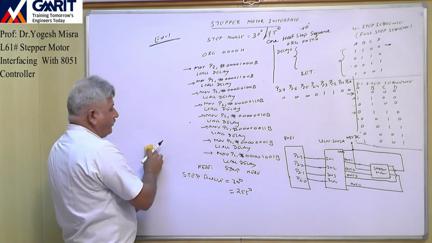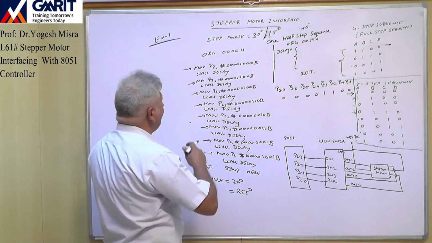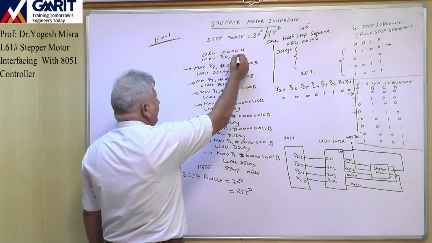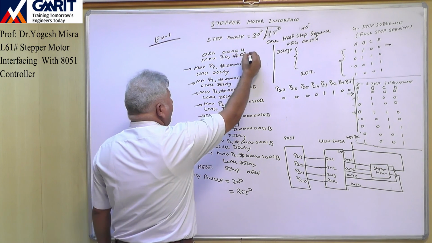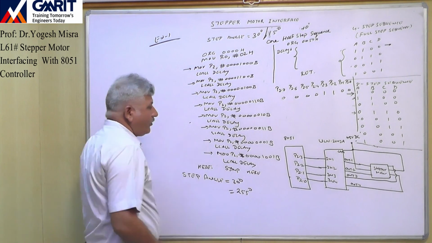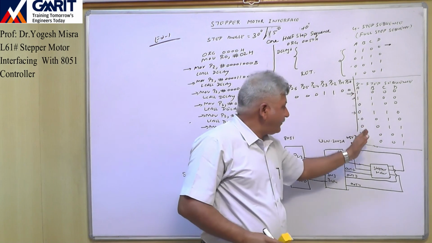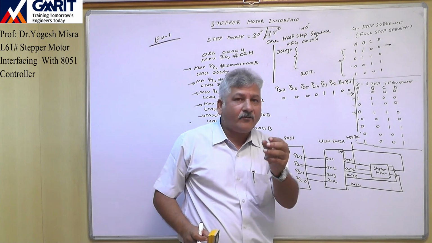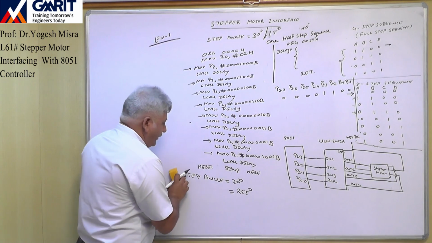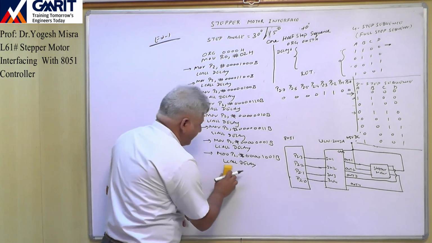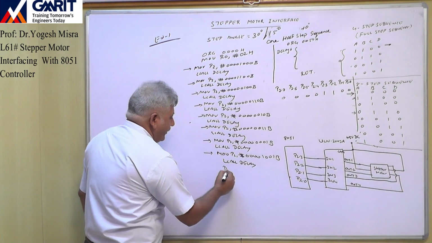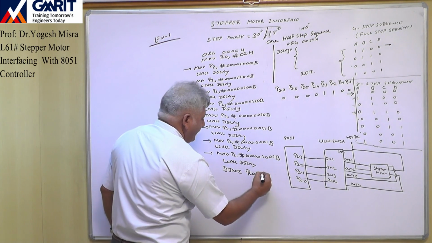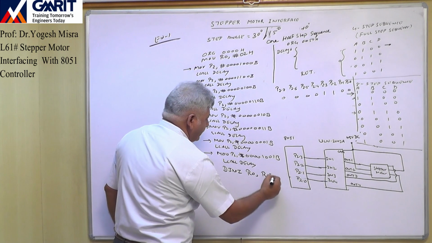So for this, what we will do, we will use one register here, move R0, hash. In that we will load the value 2, because this 8-step sequence we have to give 2 times to get 240 degree. And in the last, in place of S jump, here we will write DJNZ R0, repeat.